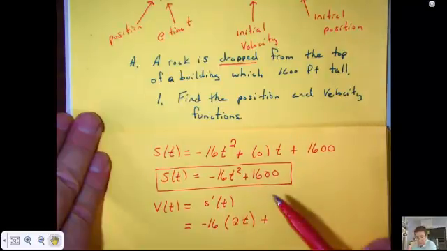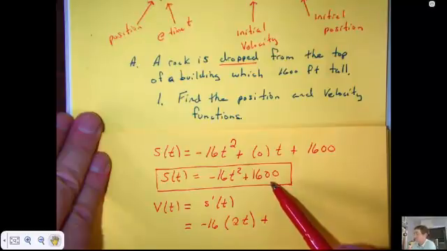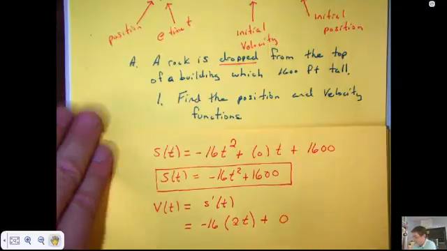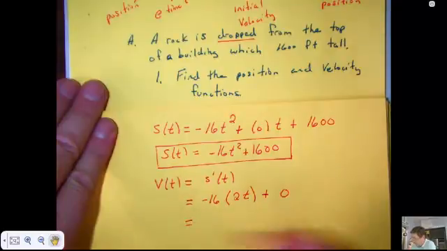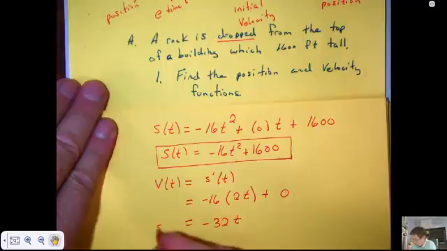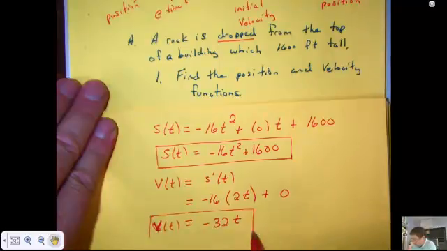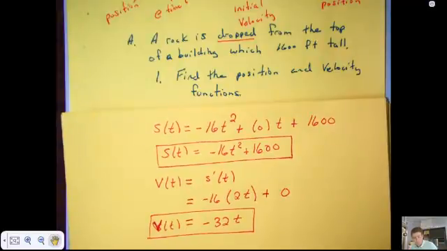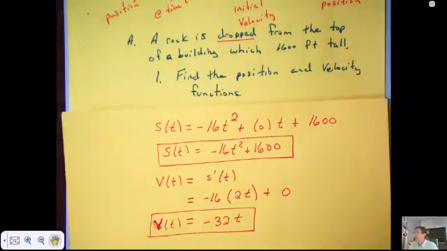Plus, what's the derivative of 1600? 1600 is just a constant, right? The derivative of a constant is 0. So in fact, my velocity function, v of t, is negative 32t. Okay, there's question 1. Got those two functions.